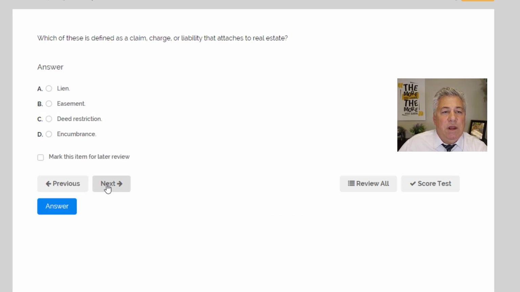Exam prep question number 14. Which of these is defined as a claim, charge, or liability that attaches to real estate? And your choices are A, a lien, B, an easement, C, deed restriction, or D, encumbrance.